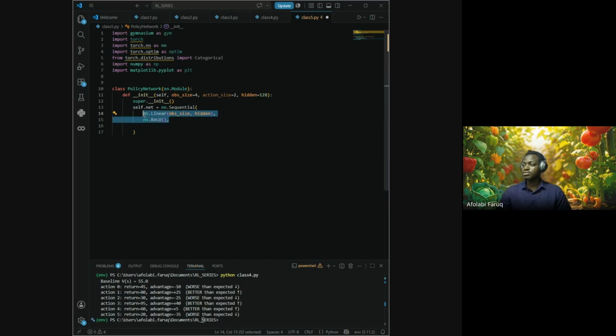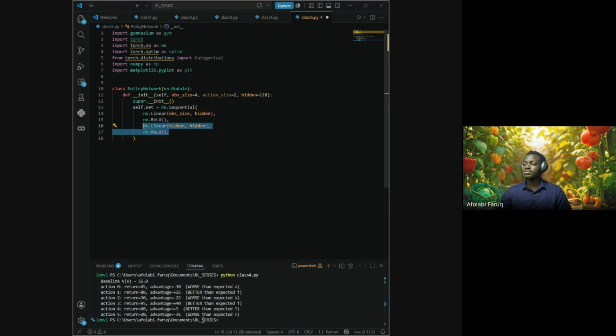I just copy this. So now here I'm going to have hidden. If hidden is the output of the previous layer, then hidden will be the input of the next layer. Then here as well, the output will be the linear transformation for the second layer.